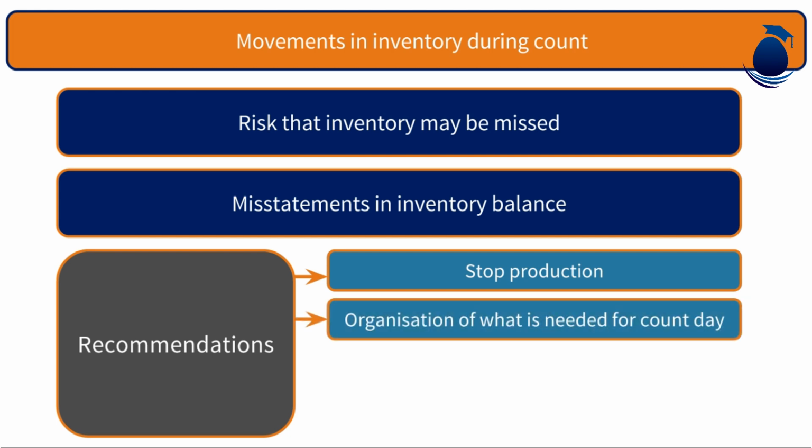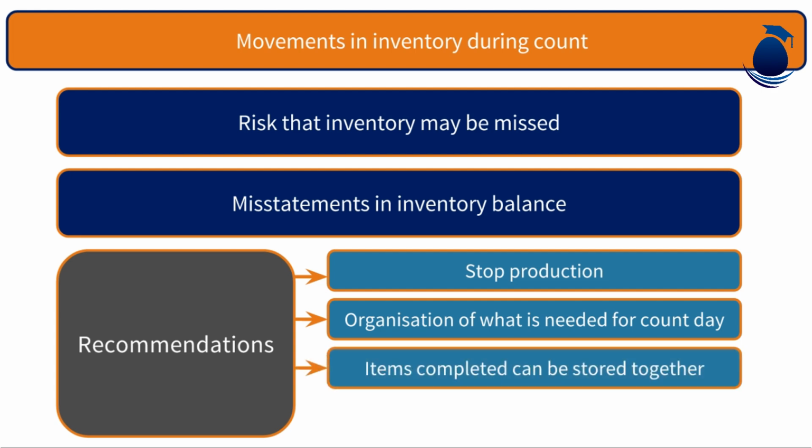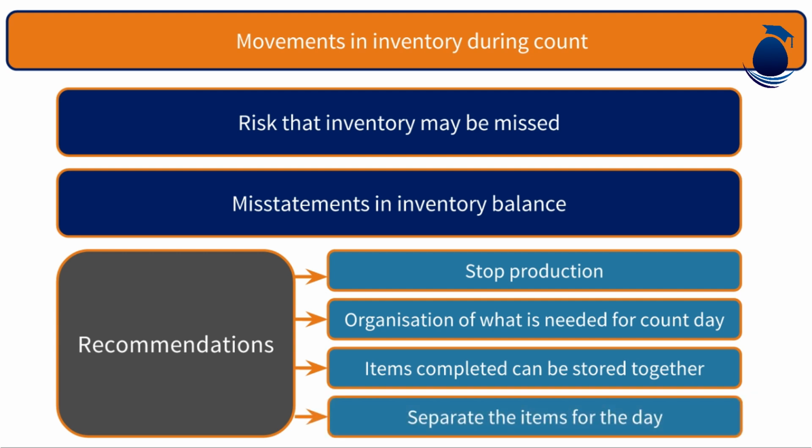However, organization of what would be needed for the count day could help. For example, estimating the materials needed for the day and keeping those separate. Also, any items completed that day can be stored together and included in the figures at the end of the day. By separating these items, it would reduce the risk of mistakes being made.